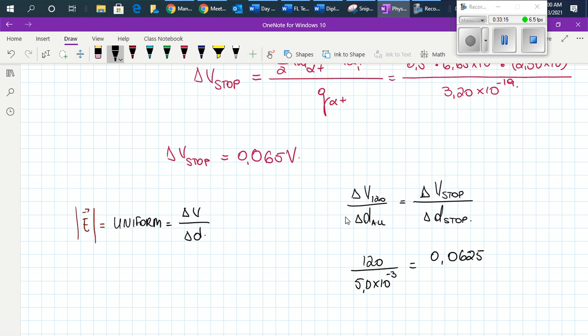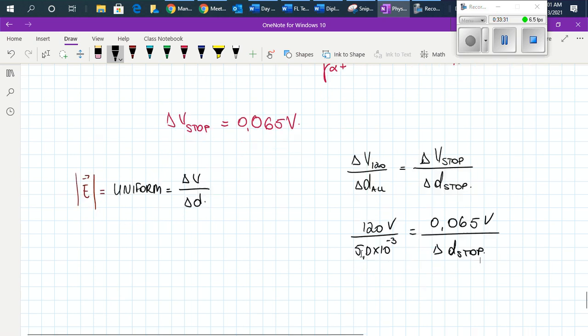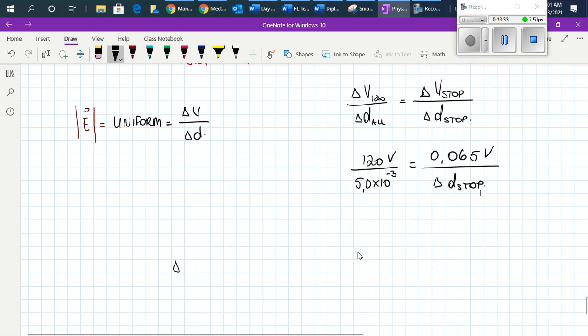0.065 over delta D stop. When you have a ratio like this, you cross multiply and divide by what is left.